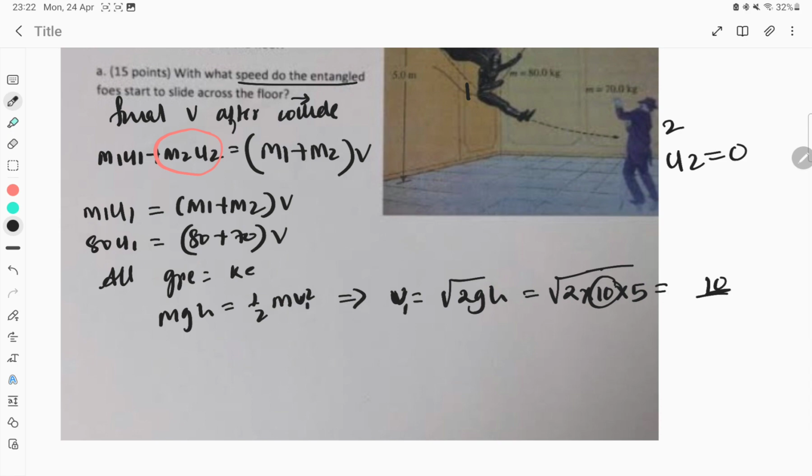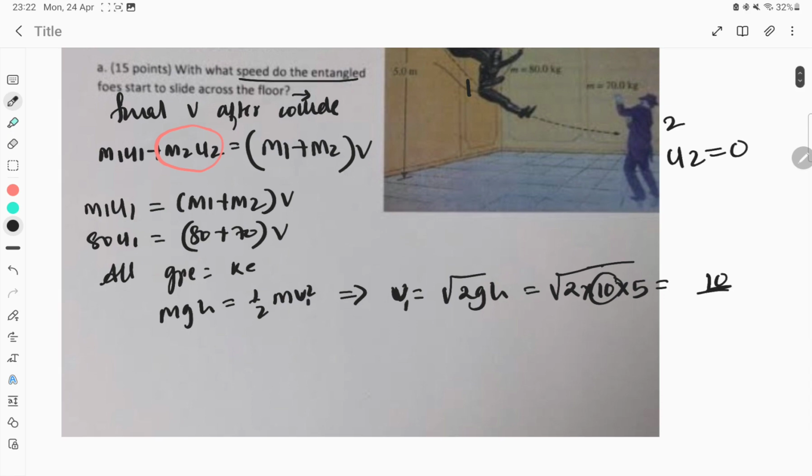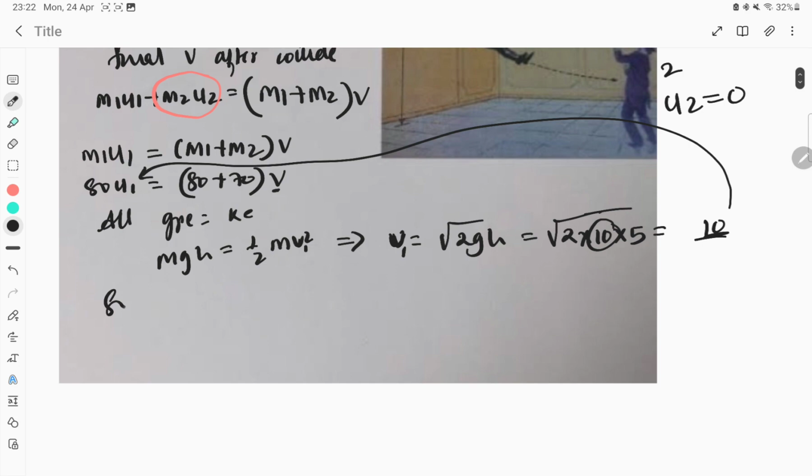So this becomes u1. Now I only have one unknown left. So I put this value of u1 over here and I get 80 into u1 is 10 equals 80 plus 70 is 150 times velocity. So my velocity by which they start to slide equals 800 over 150.